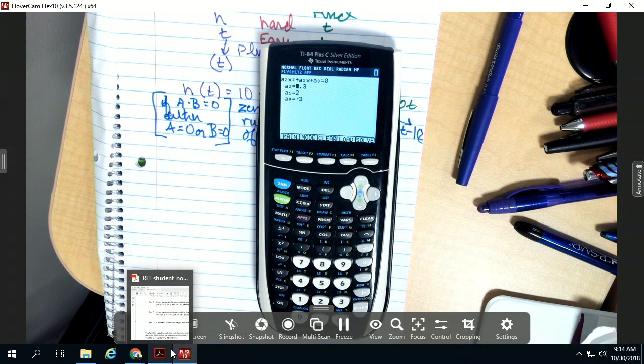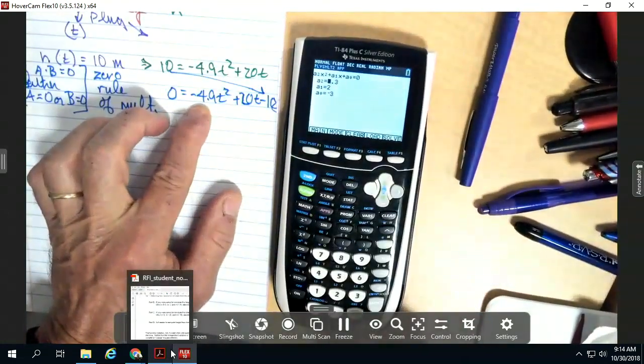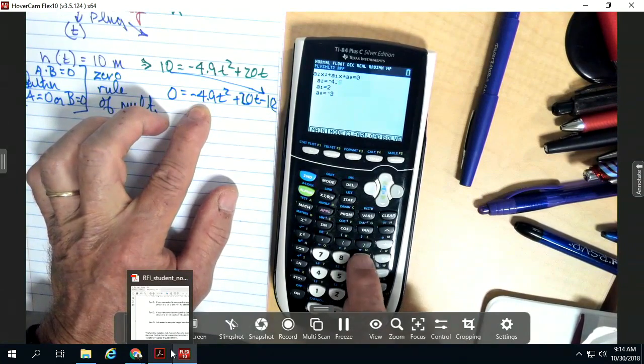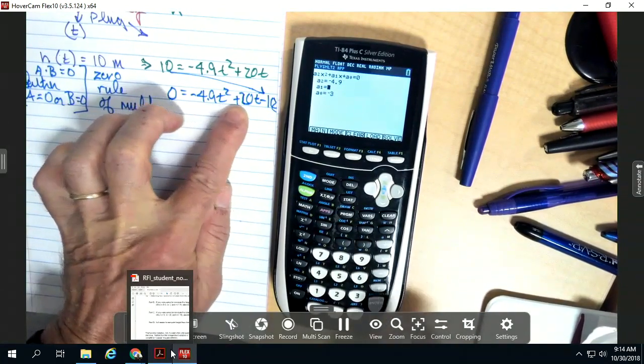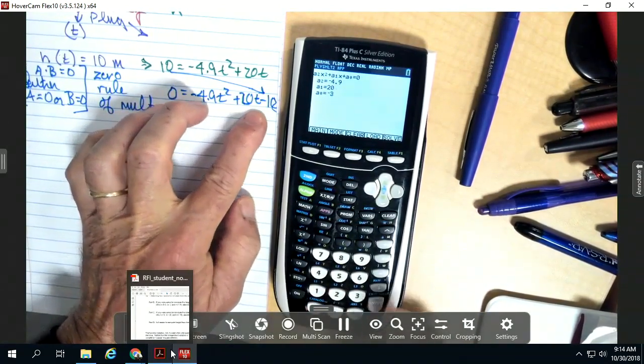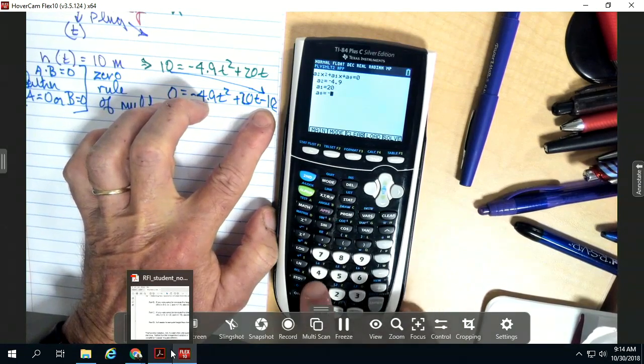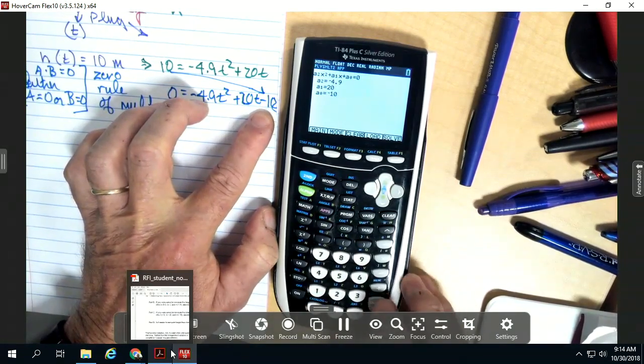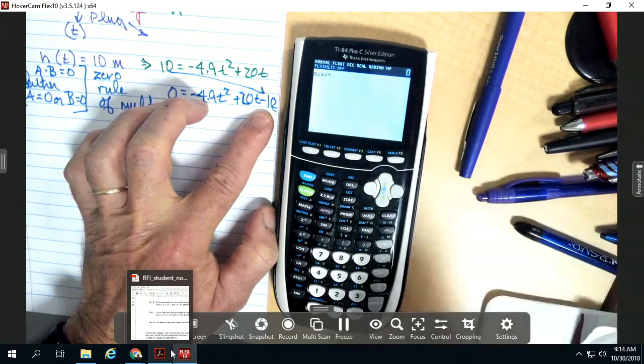There you go. Okay, so it's negative 4.9. Enter. 20. Enter. And then negative 10. Enter. And then solve.